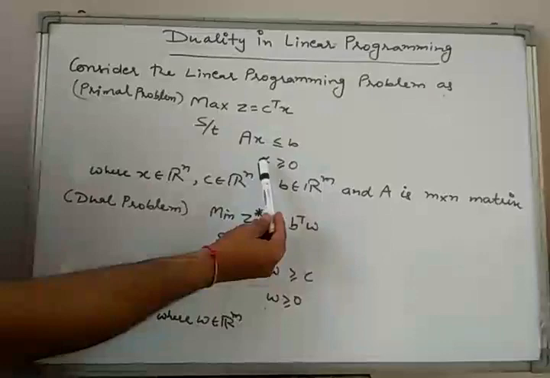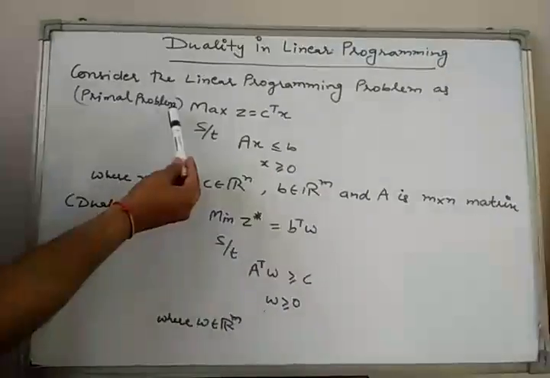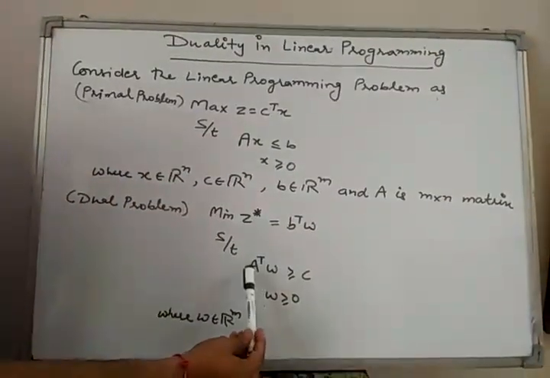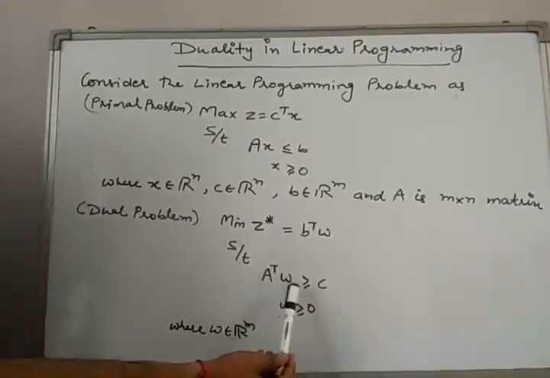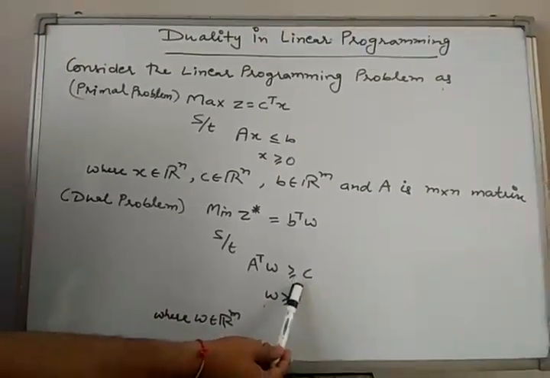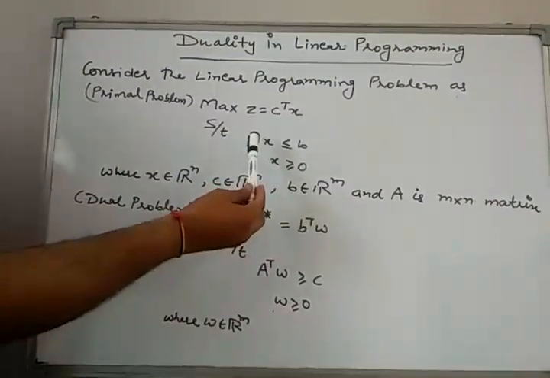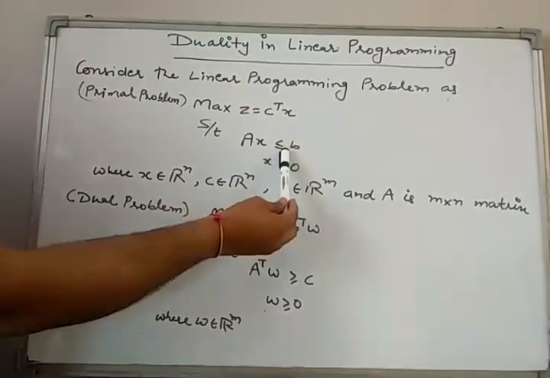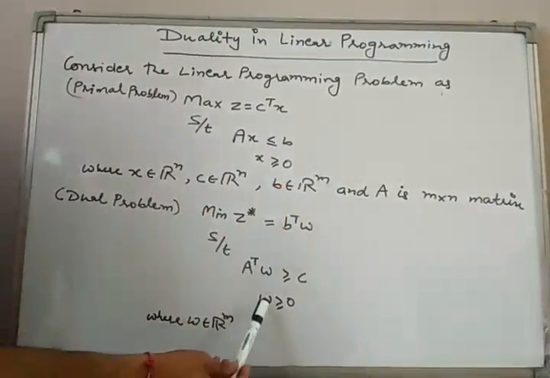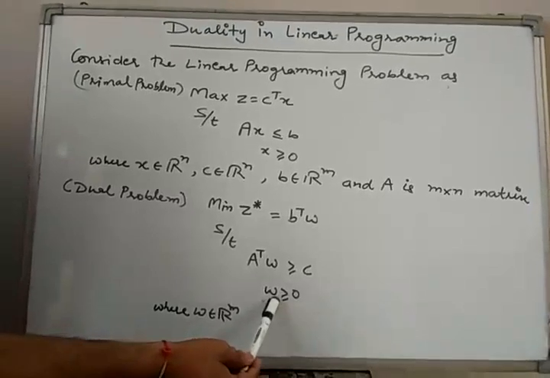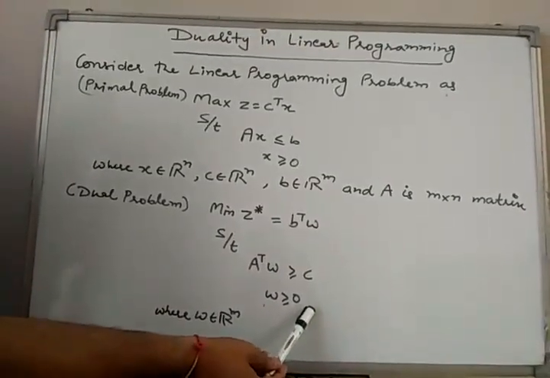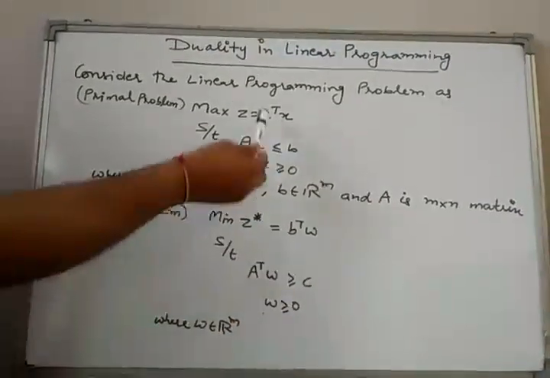If variables are non-negative in the primal problem, then inequalities in the dual problem are greater than or equal to type, and if inequalities in the primal problem are less than or equal to type, then variables in the dual problem are greater than or equal to 0. This is the dual of this primal problem.